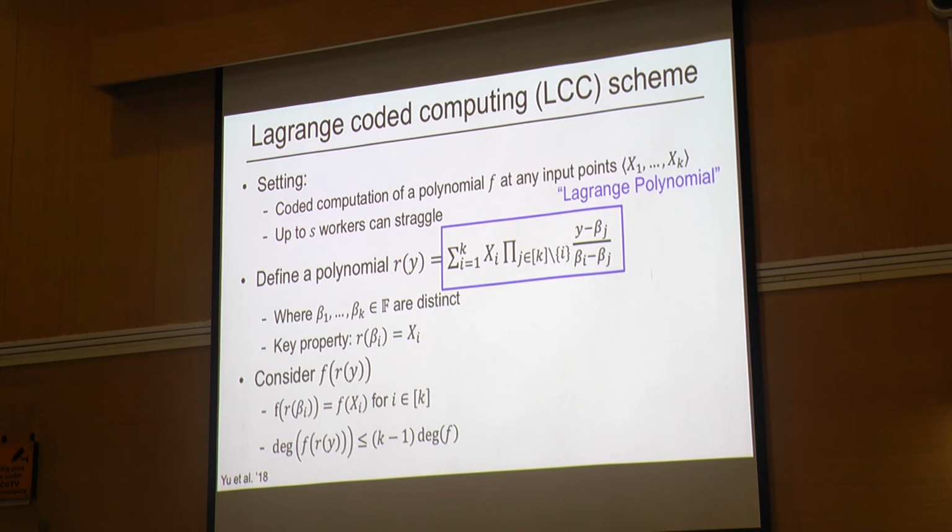Now the first property of f of r of y says that if we can compute f of r of y, then we can obtain f of xi, right? So at the master, it can interpolate to find f of r of y, as we will see, and then evaluate it at beta i to get back f of xi.